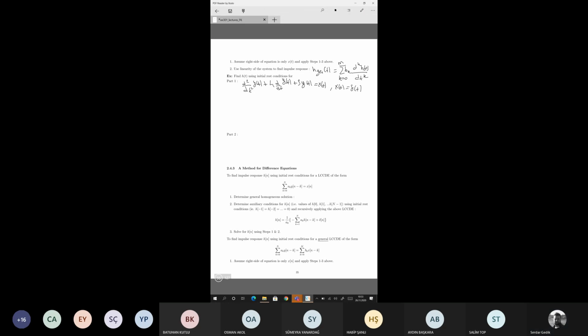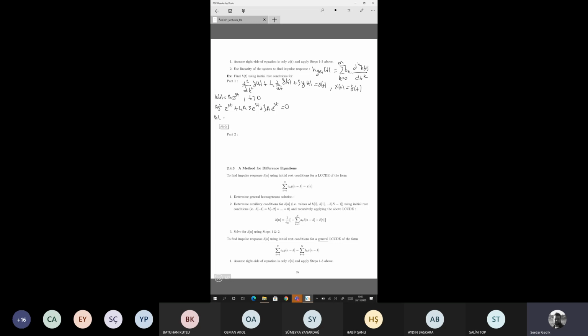I will of course assume that h of t is a times e to the power st for t larger than 0. If it is so, it is simply a s squared e to the power st plus 4a s e to the power st plus 3a e to the power st is equal to 0.